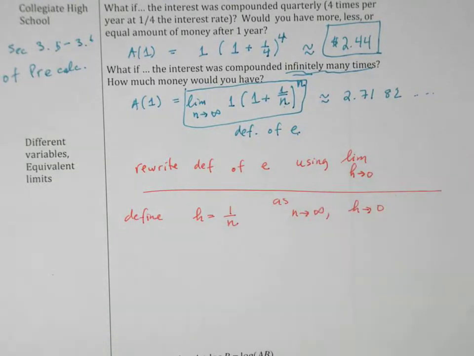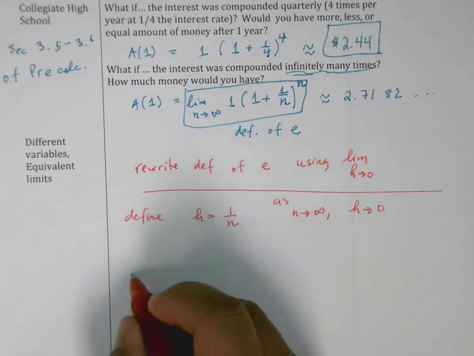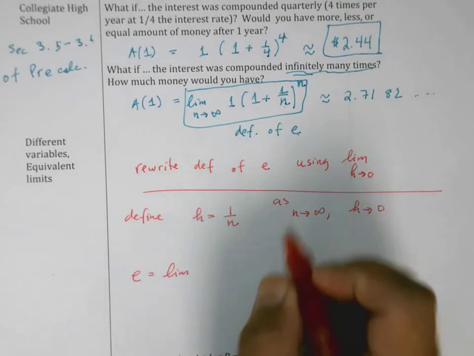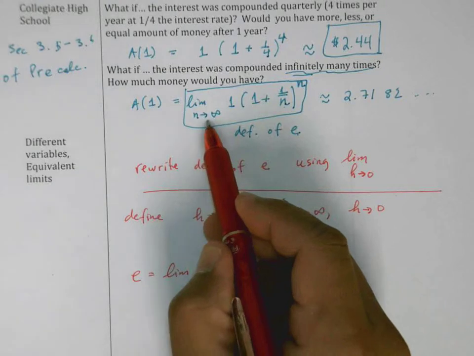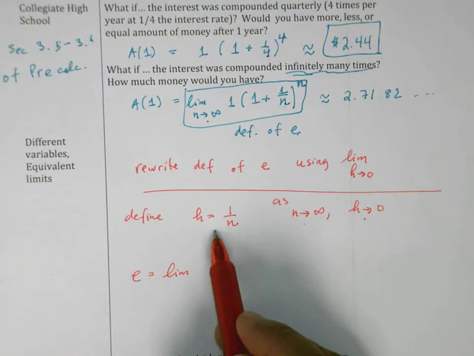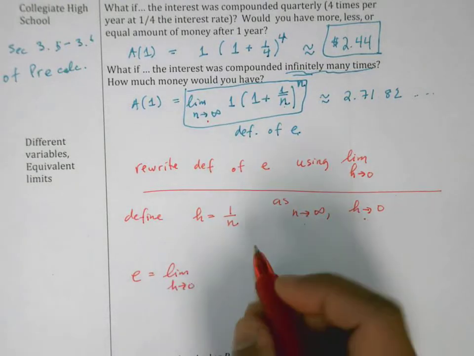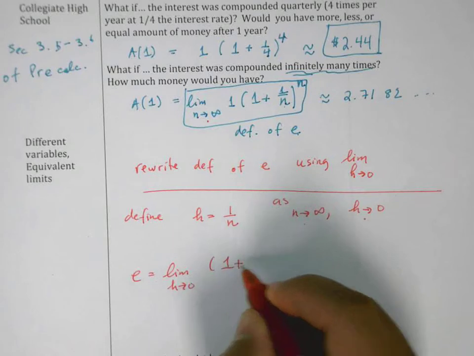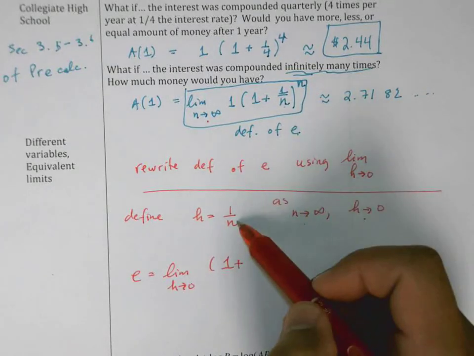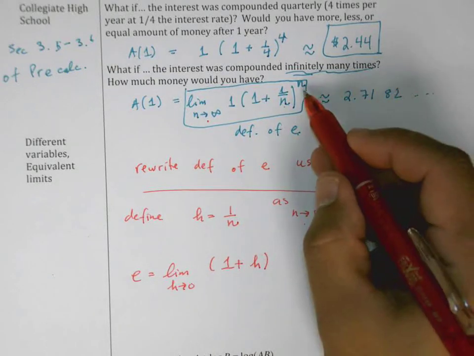And so then we can rewrite all of these definitions. e is then equal to the limit, rather than as n approaches infinity, as h approaches 0, because these two are equivalent based on this definition of h. So as h approaches 0 of 1 plus 1 over n, but 1 over n is really just h, raised to the nth power, but n is really just 1 over h.